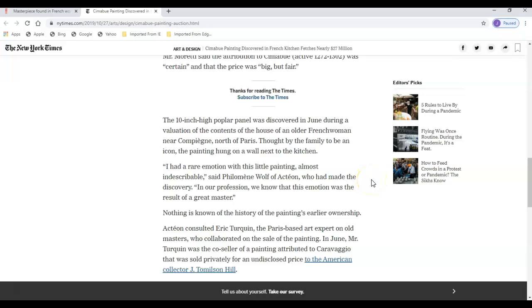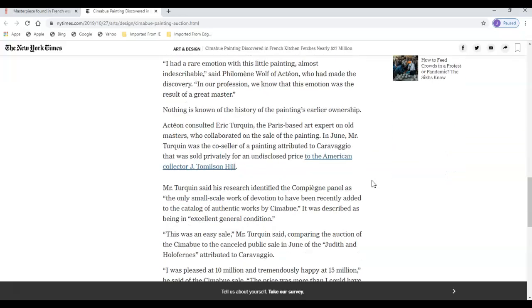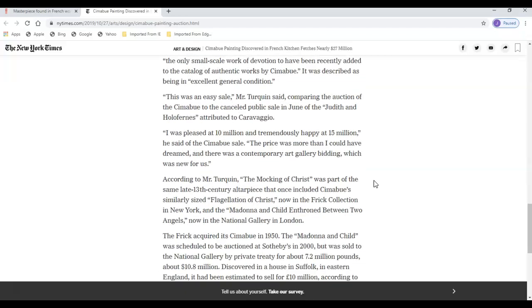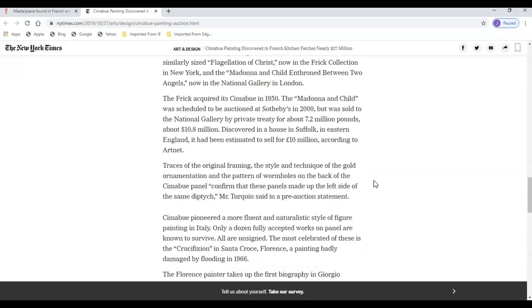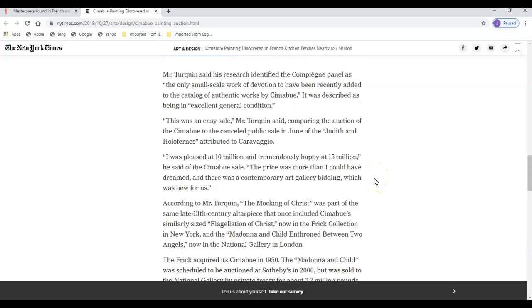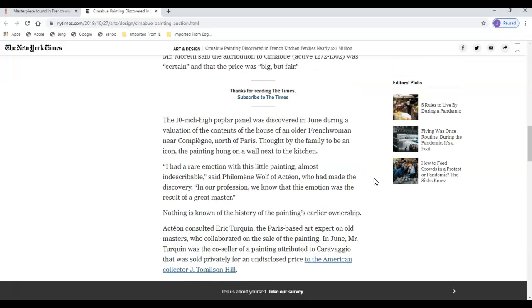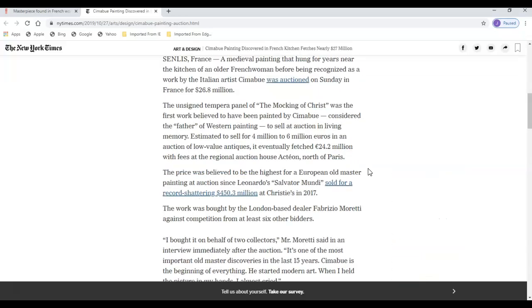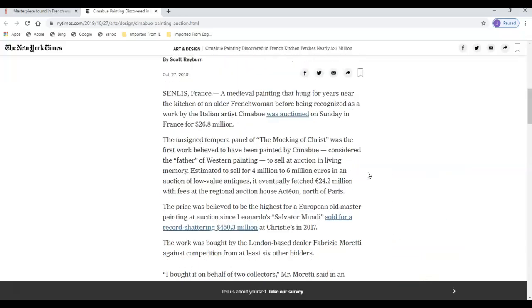They were getting ready to clear out the house, and it was just located and taken to an art house. It was one of the first works to be painted by him, the father of Western painting, Cimabue, who's mentioned in your textbook.